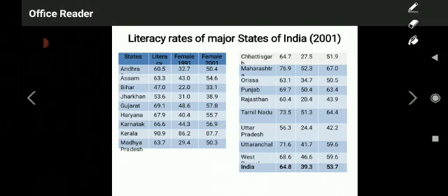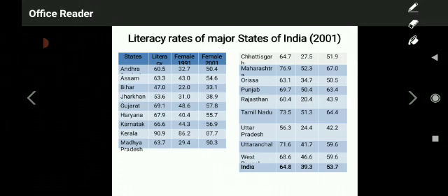Now let us understand the same thing with the help of data information and diagrammatic presentation. Look at the data information here. Dear students, here I have given the data on literacy rates of major states of India in 2001.